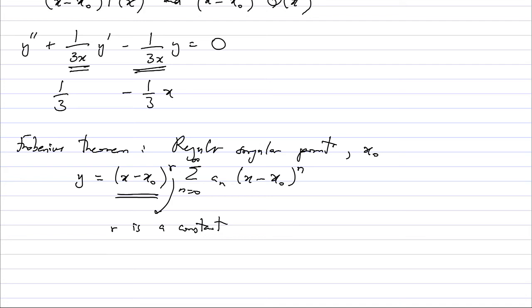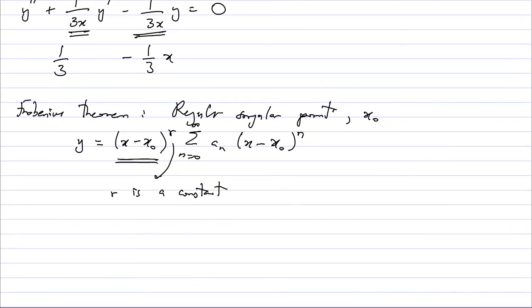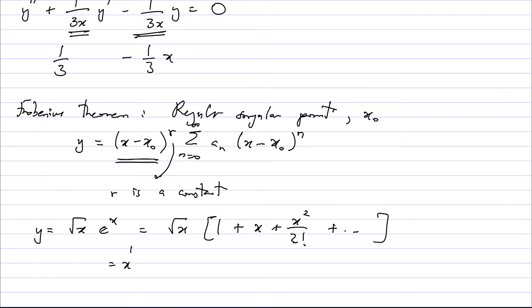So how does this situation arise? Suppose you have something like this. Then you can write down the power series for it. So you have 1 plus x squared over 2 factorial plus so on, and so you have x raised to power 1 by 2 plus x raised to power 5 by 2 over 2 factorial and so on.